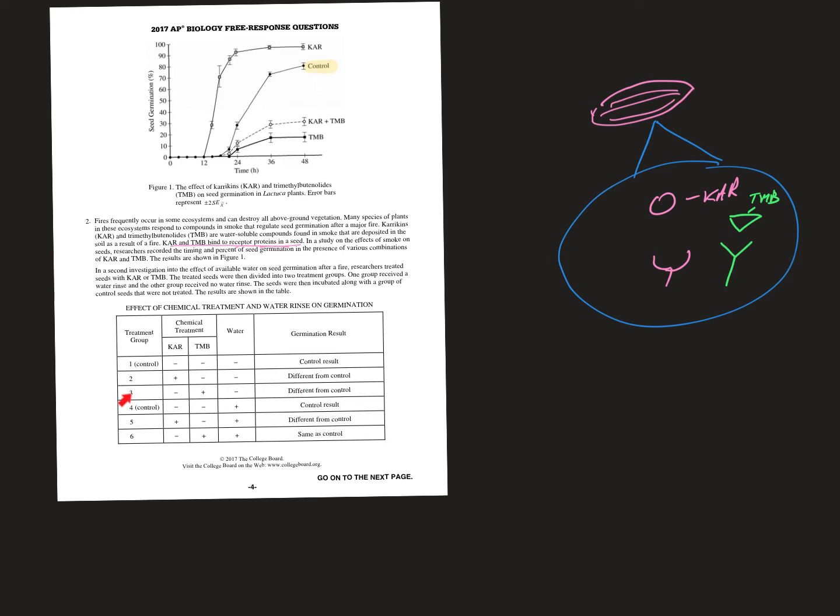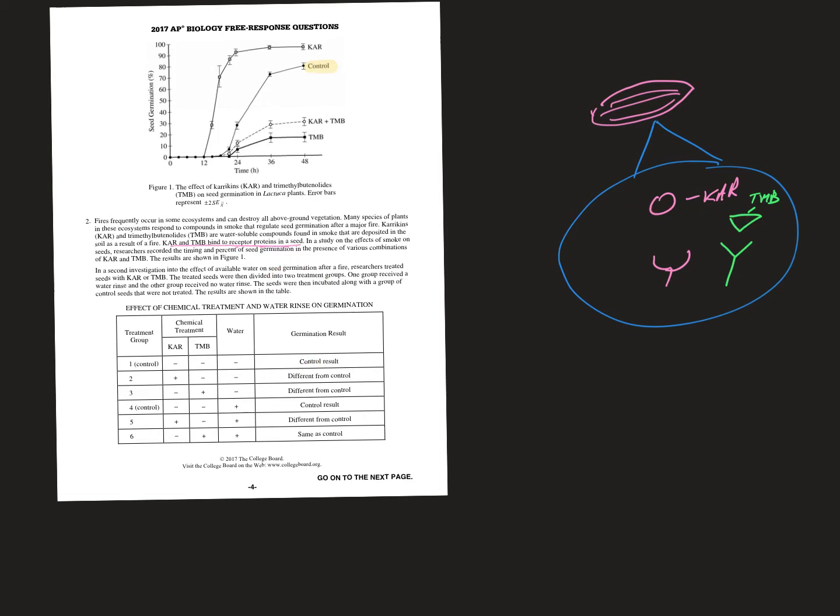For group 3, I'm assuming they're putting same as control and different from control. What I'm thinking is that they're going to have us figure out, based on this table, how these two molecules interact.